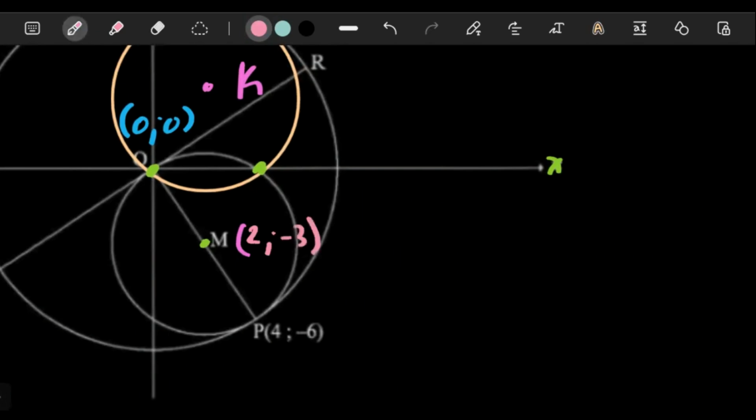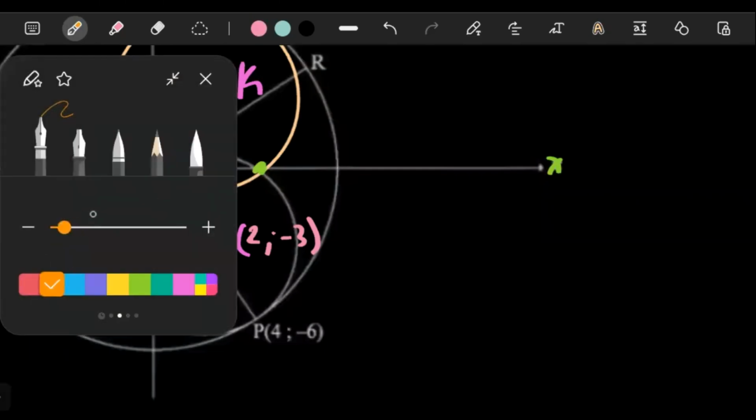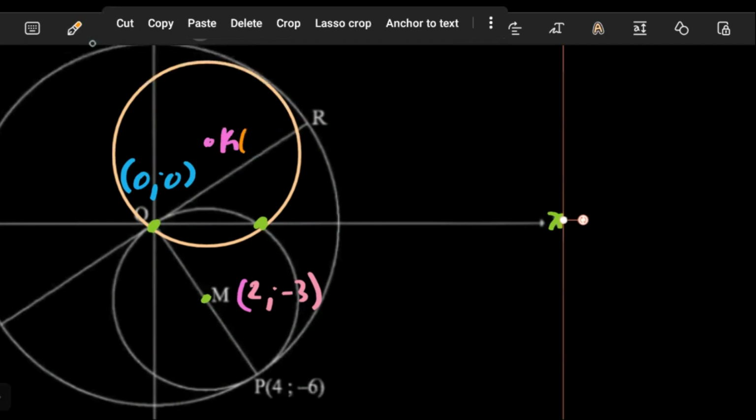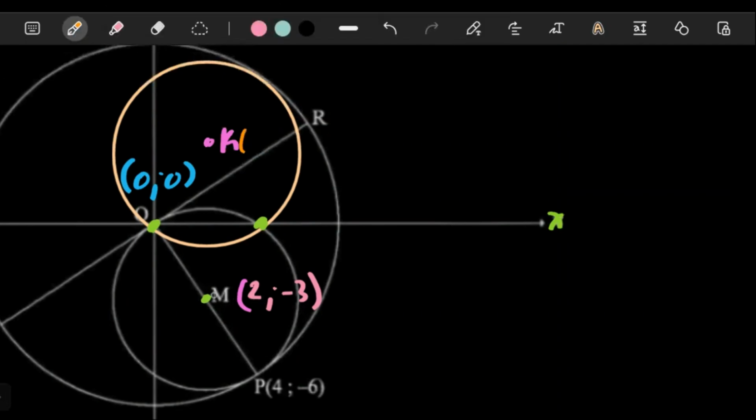You don't necessarily have to be strategic, you just have to be logical. Because if it's a reflection, the x values are going to be exactly the same. That's a 2.